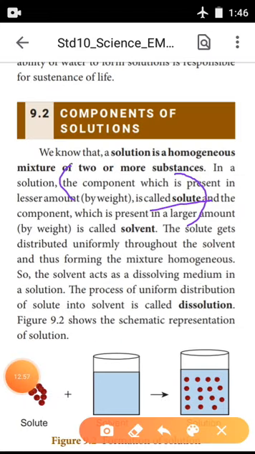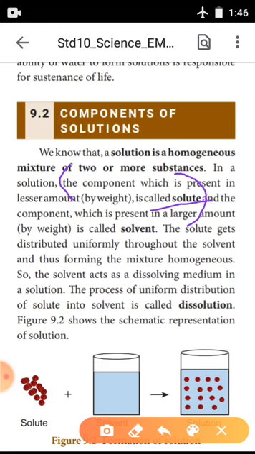The next one, you have to learn the definition. What is solute? And another one, what is solvent? See the third line. The component which is present in lesser amount is called solute. The component present in lesser amount by weight. For example, sugar and salt.